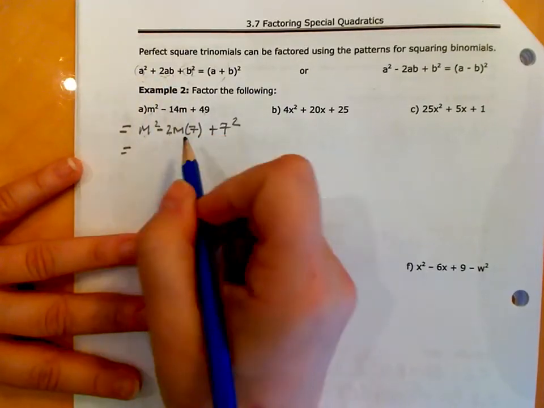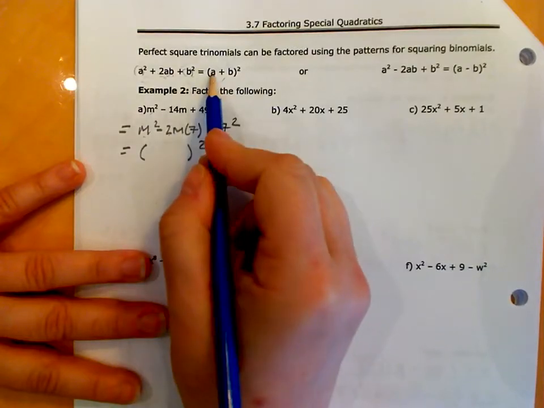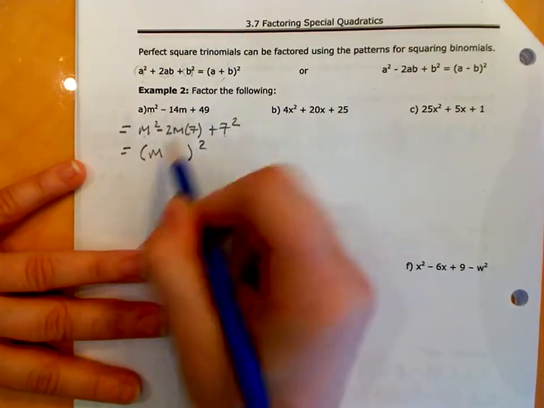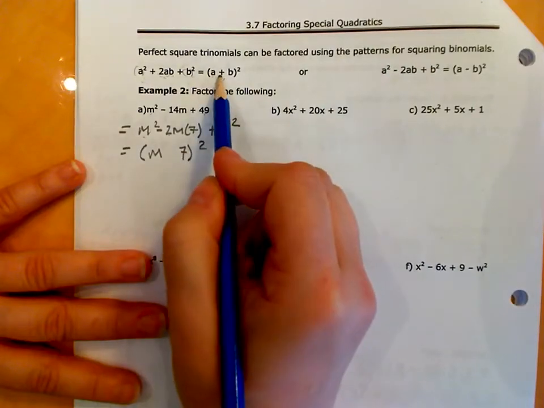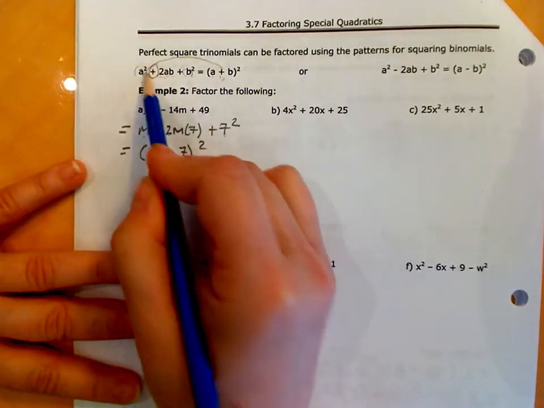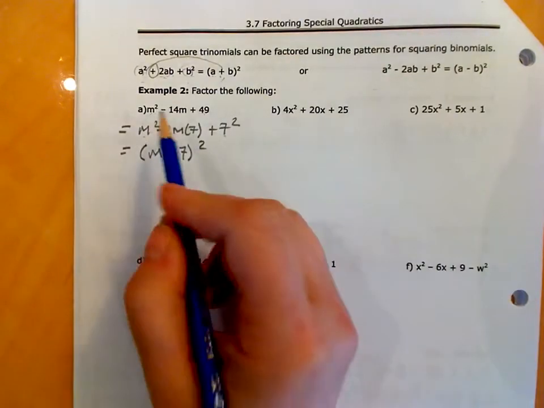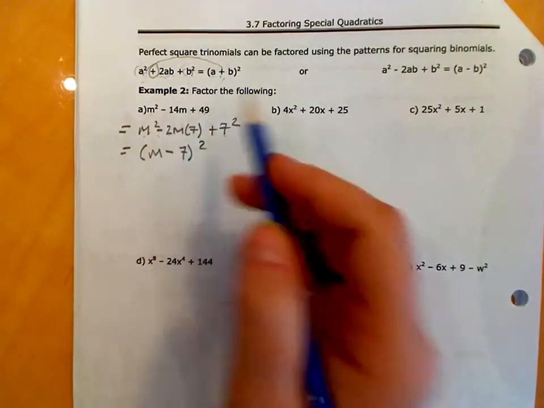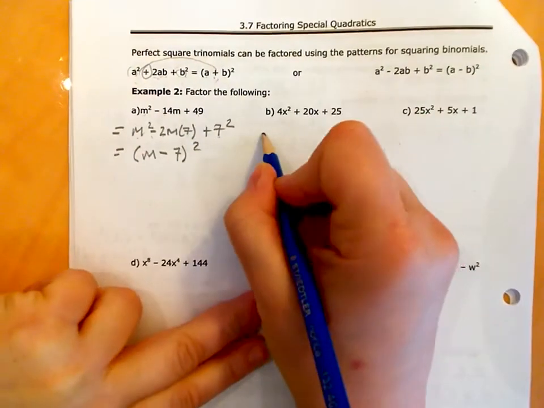So now when we have that, that whole thing equals the first m, the last 7, and then the sign here is always the sign of b. So the sign of b was negative, b being a, b, and c. That's it.